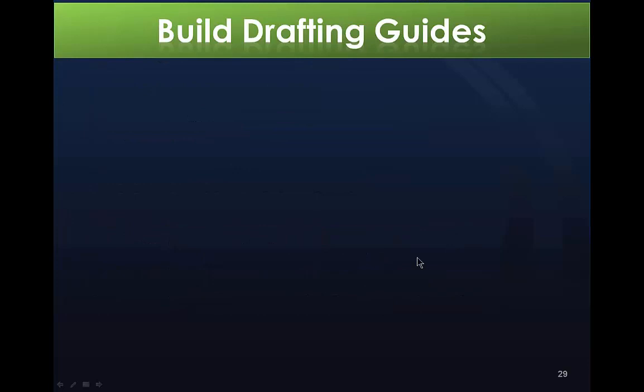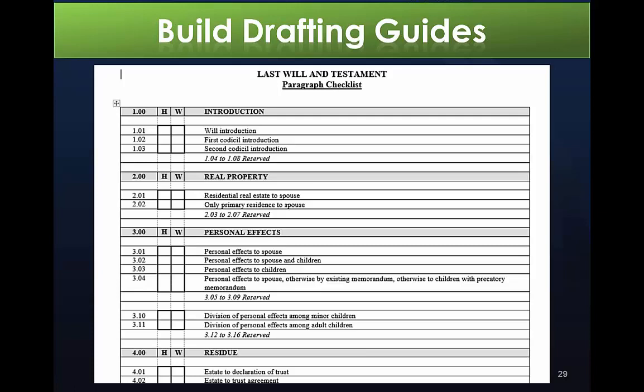The next rule for building templates is to consider also building drafting guides with them. So you've got a gold standard, and in this case, this came from a firm that for years and years had these giant 3-ring binders of provisions that were all numbered like you see on the screen.